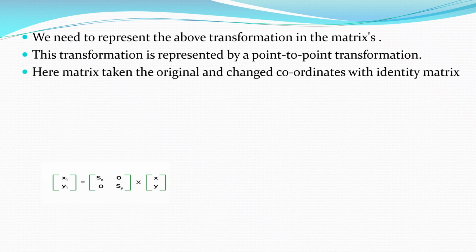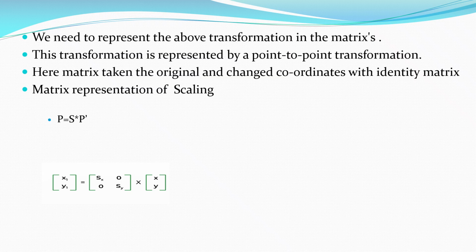Okay, we need to represent the above transformation in matrix form. The matrix will represent the point to point transformation. Here the original and changed coordinates are related with the identity matrix. In translation we also use the same thing, but the parameters are changed here. Here P is the original and S is the scaling parameter. We take x, y as the original, and s of x, s of y are the scaling parameters.